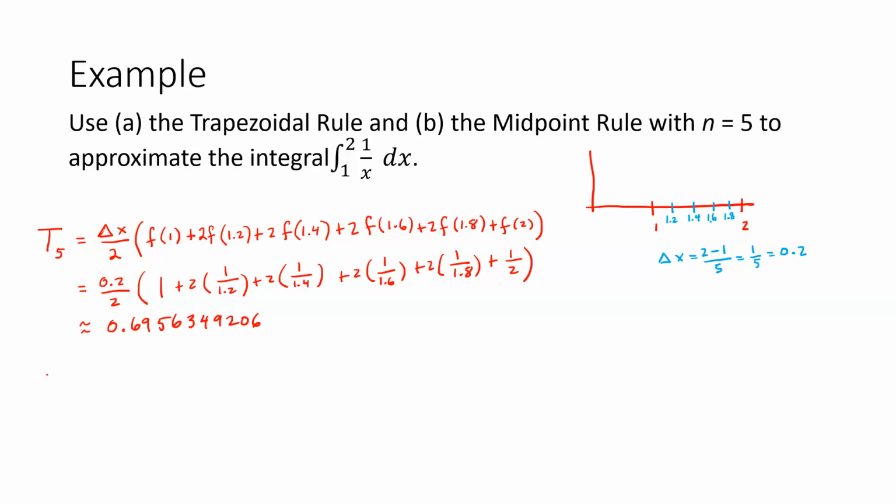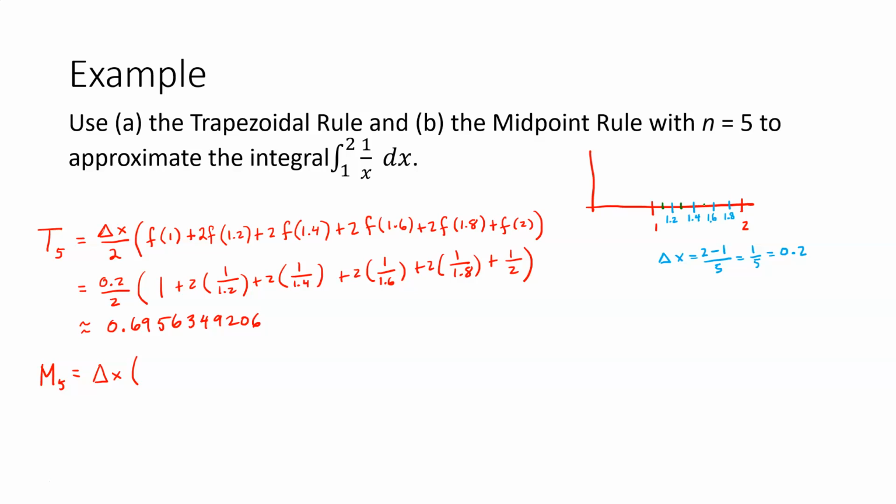Let's see how we would do the midpoint rule now. So that's M5. So in this case, we'll remember we're doing delta x times. Now, before I write out the rest, we need to actually find the midpoints. So using the grid that we wrote up here, let's fill in the values at each of the midpoints.